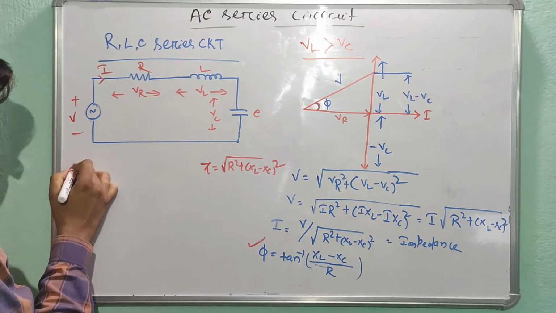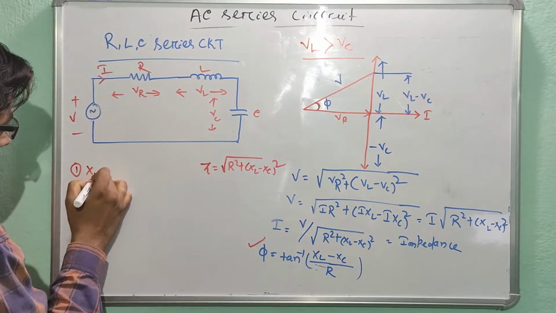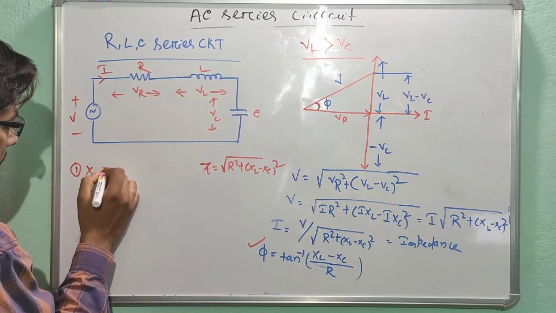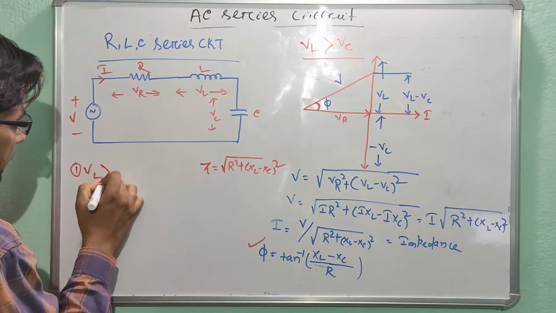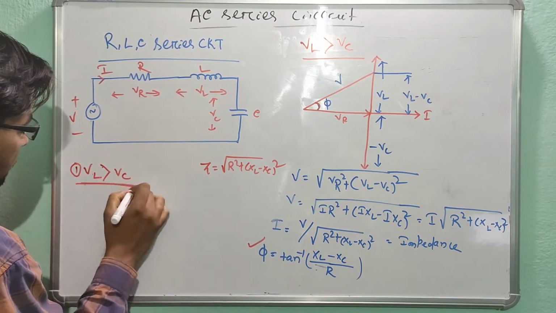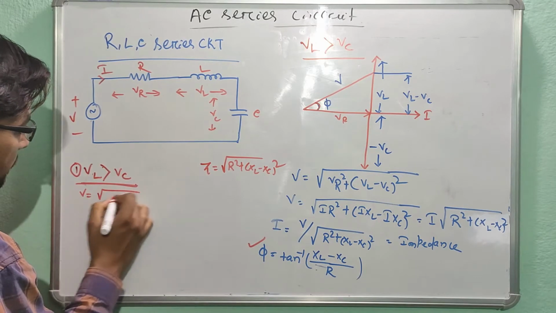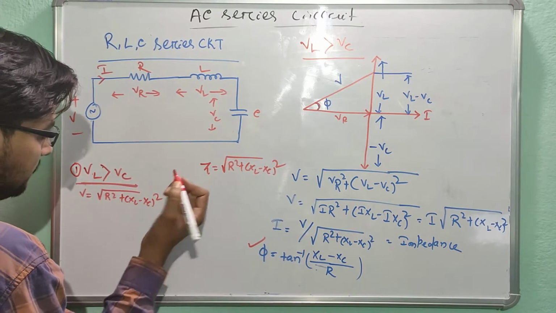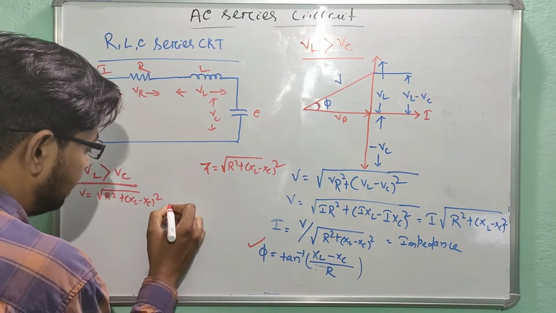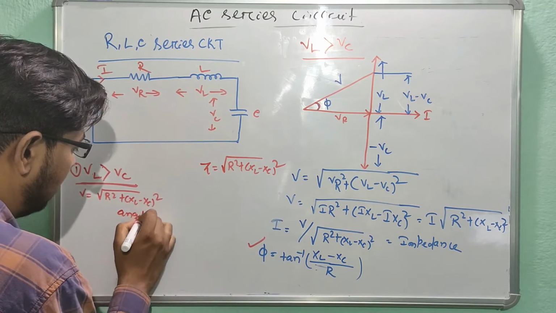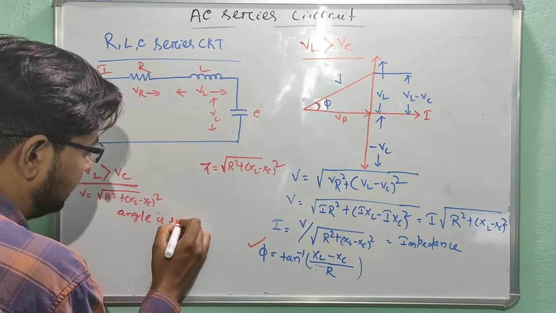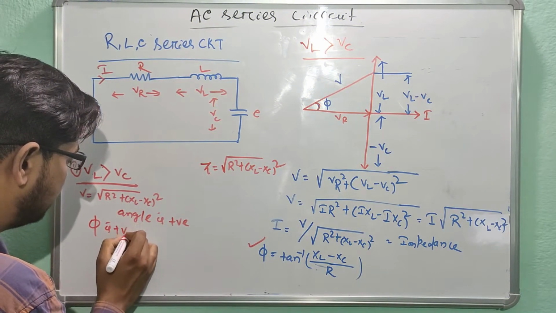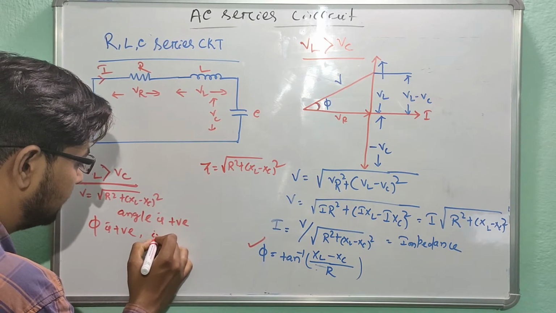Number 1, if XL is greater than XC, or VL is greater than VC, then V is equal to root over of R square plus (XL minus XC) square, where the angle phi is positive, and the circuit is an inductive circuit.